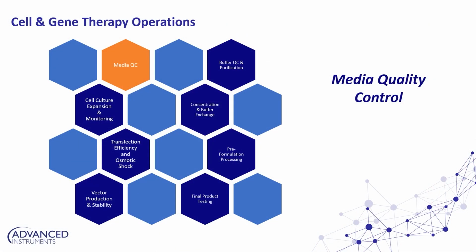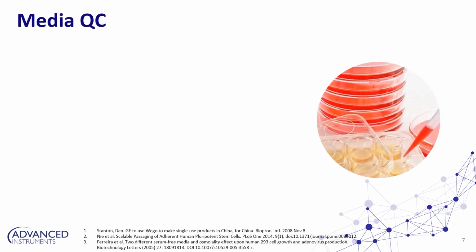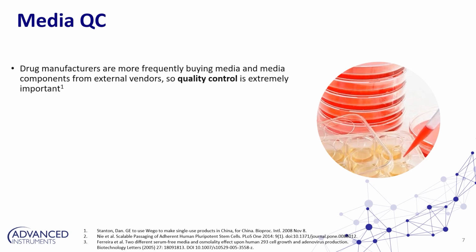As you can see in orange here, we're first of all going to be looking at media quality control. Media QC is a commonly known use case for osmolality. However, there is now evidence of a growing trend in biopharma of outsourcing media from external vendors. This calls for heightened QC for these off-the-shelf media and similar testing for in-house manufacturing.